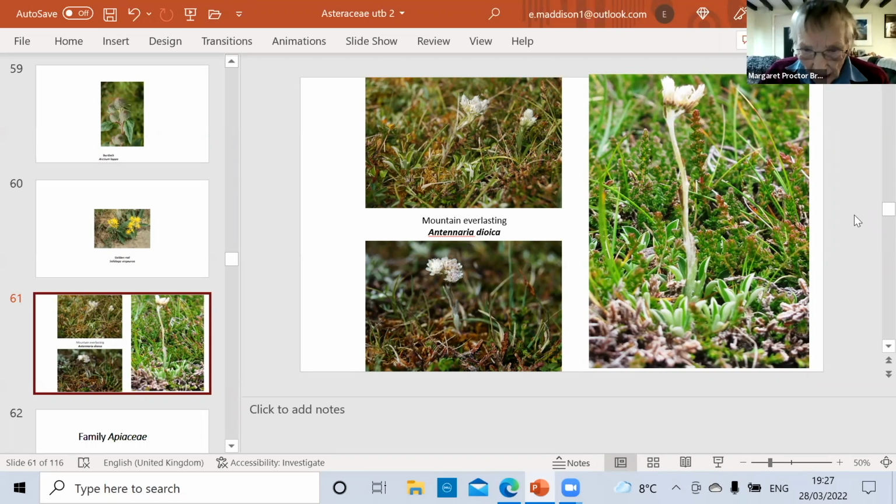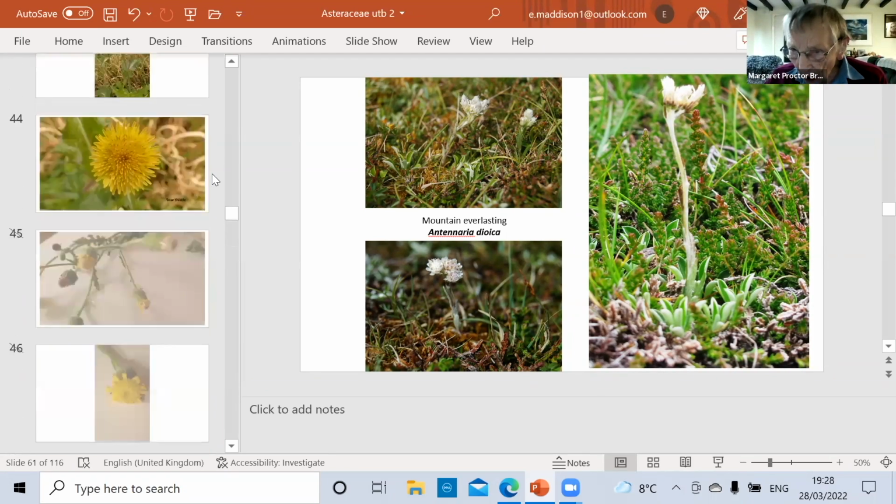Lizzie, you didn't say much about the fruits of the pappus. You showed the young dandelion.